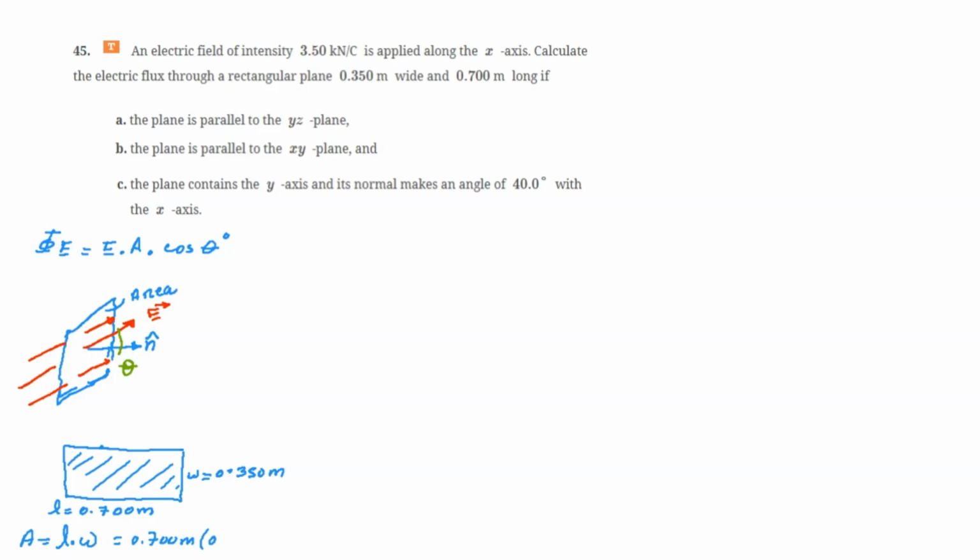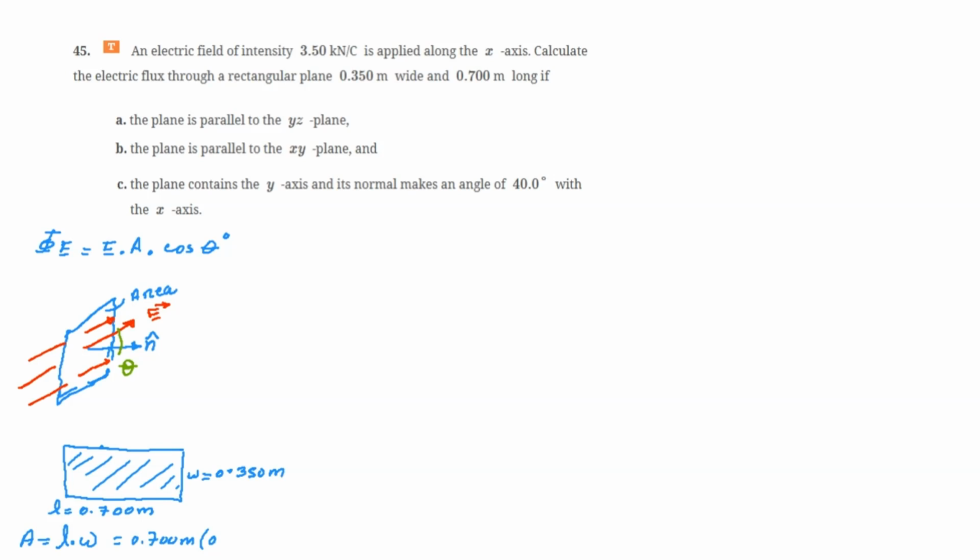The second case, case B, is this: the plane is in the xy plane, and the electric field lines are along the x-axis. Electric field lines will be parallel to the plane. They are not crossing the plane. There is electric flux only if the lines cross the plane.